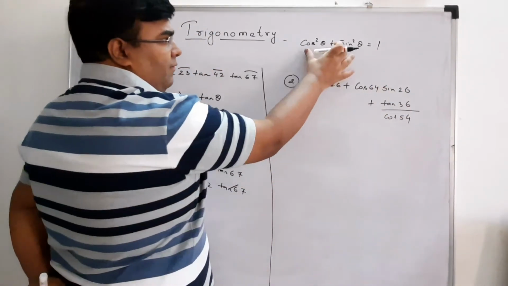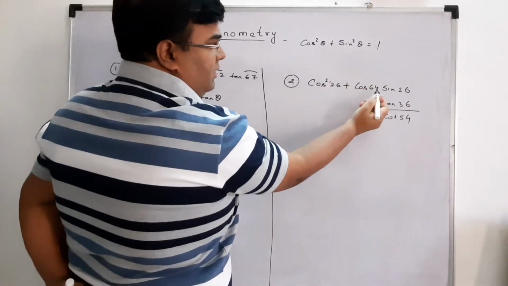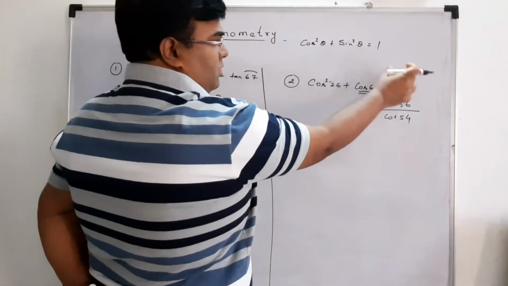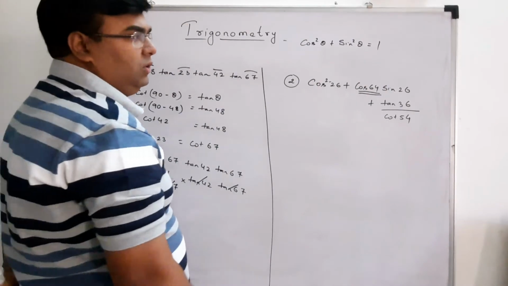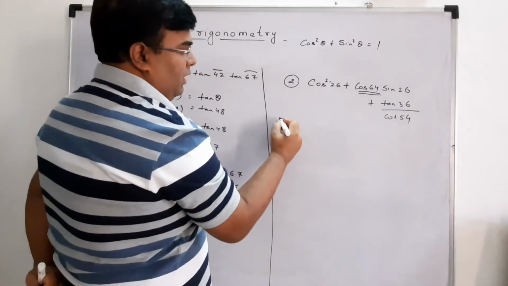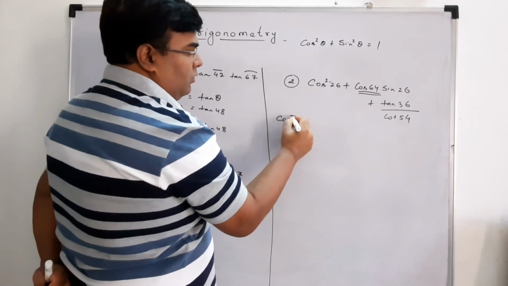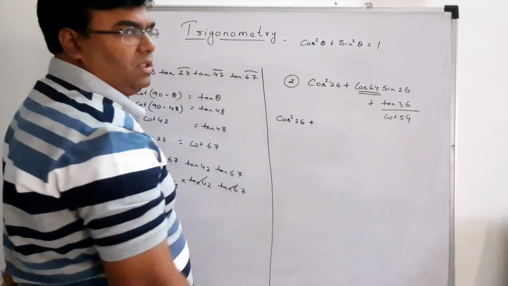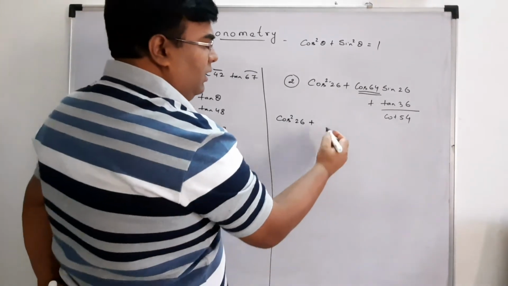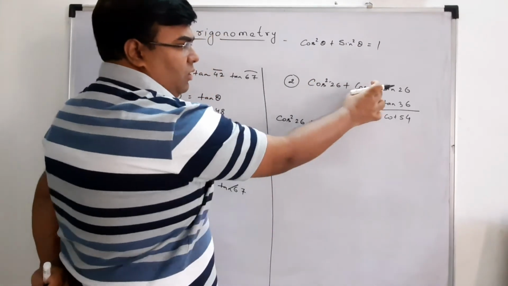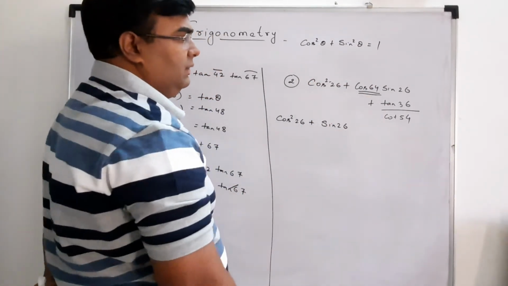The only thing which is different here is cos 64, and of course sin square is not there. So let us convert this cos 64 into sin. What is the complementary angle of 64? Again 26 only. So it will be sin 26.